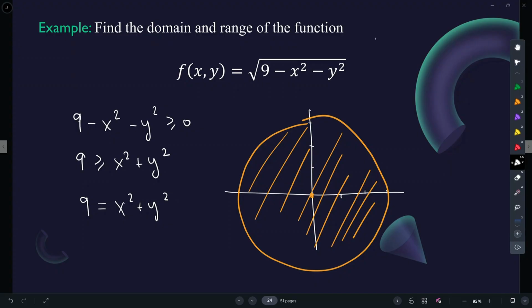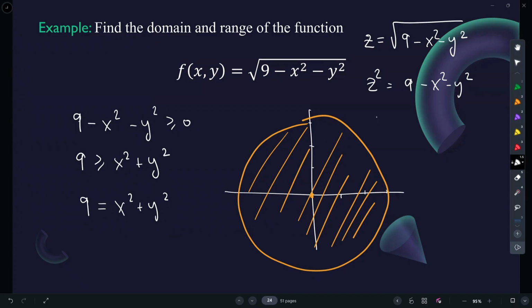Let's write it as follows. The values z in the range are those that satisfy z equals the square root of 9 minus some x squared minus some y squared. If I simplify that, I get z squared equals 9 minus x squared minus y squared.